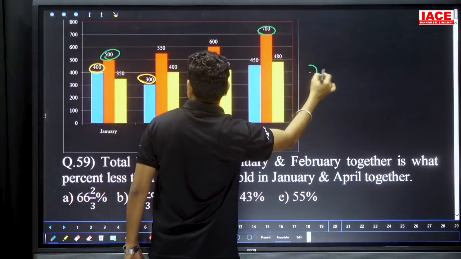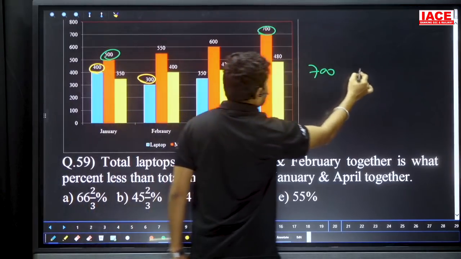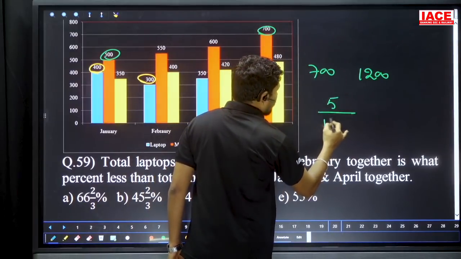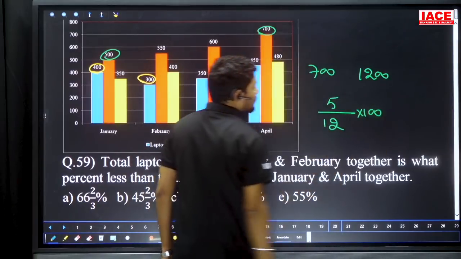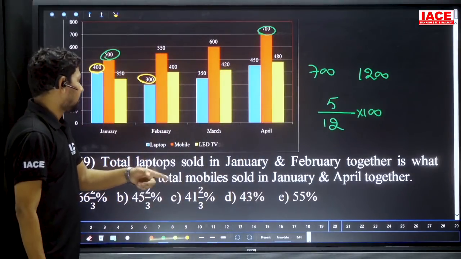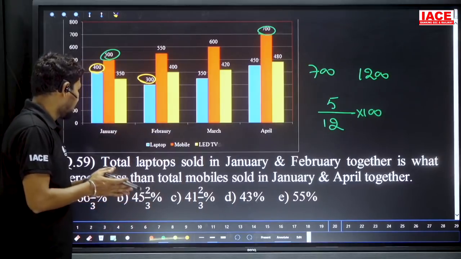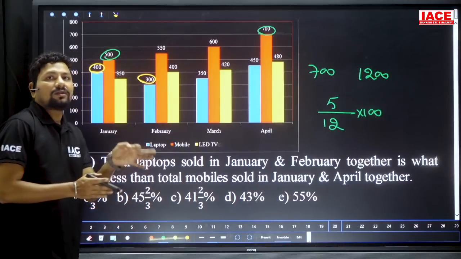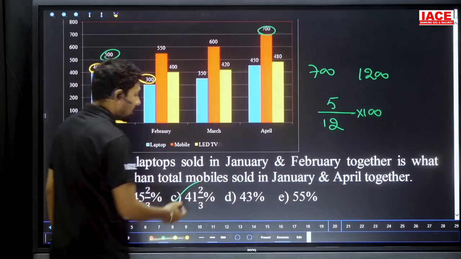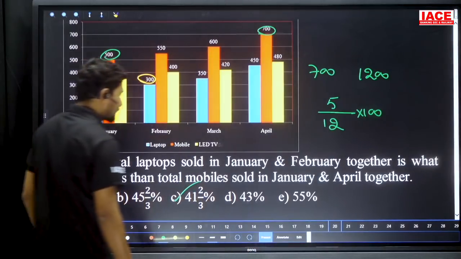The first one is 700, the next one is 1200. The difference is 500. 500 by 1200, and we need the percentage, so multiply by 100. 12 to 100 is 8 times, then 8 fives are 40. The option is near 40, a little bit more than 40. That is our answer: 41 2 by 3 percentage.